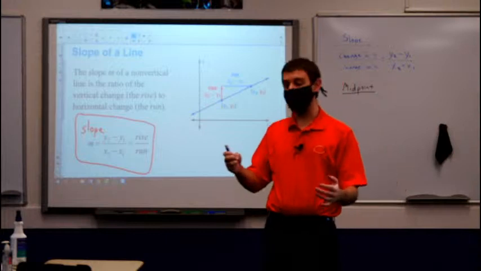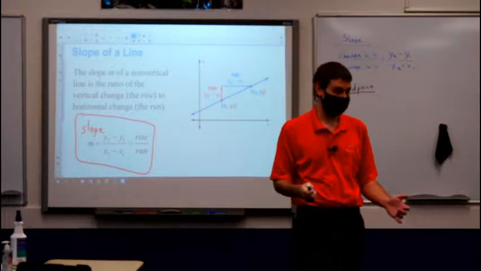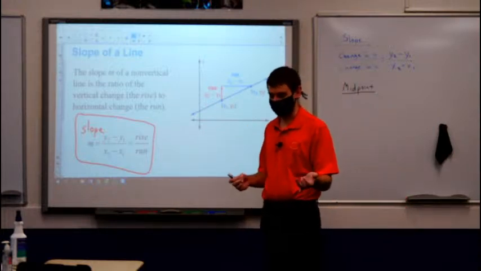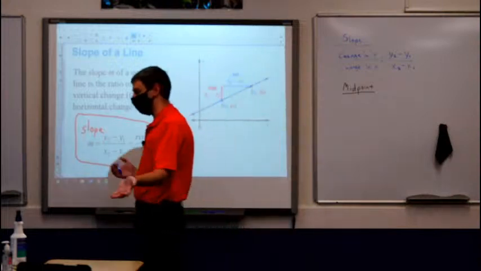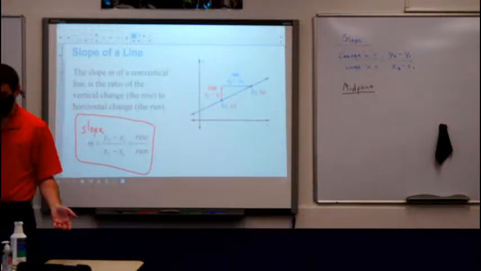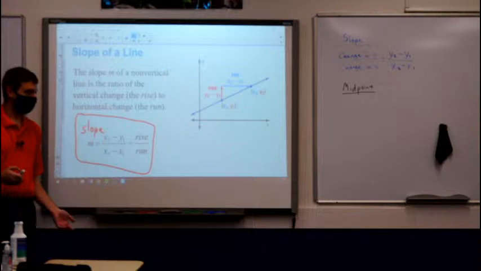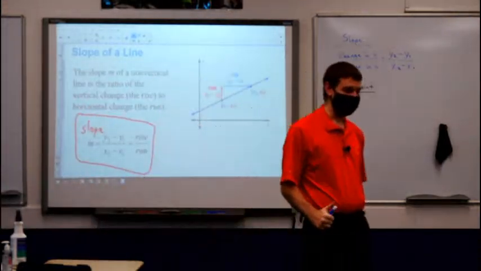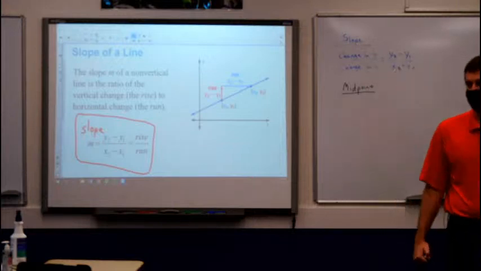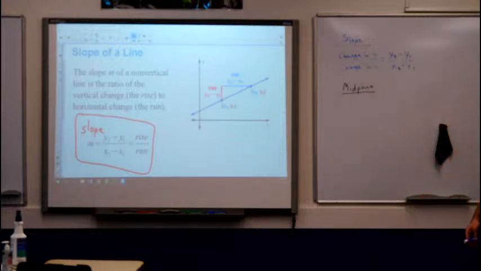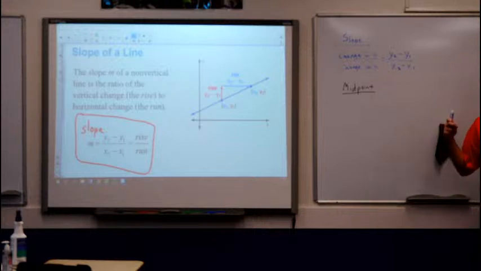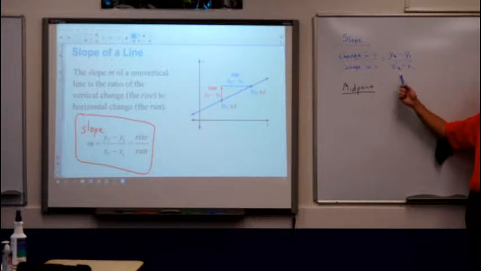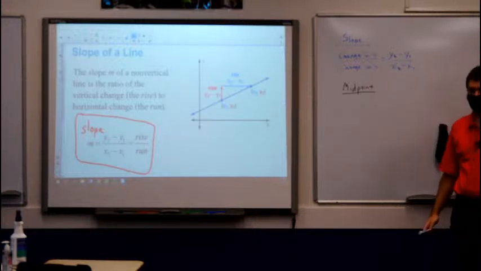It's meant to say y2, well, this is your second y coordinate, and y1, this is the first y coordinate. It's just being able to tell apart which y coordinate we're talking about based on how we label the points. But the basic idea of the formula is going to be subtract your y coordinates over subtract your x coordinates.